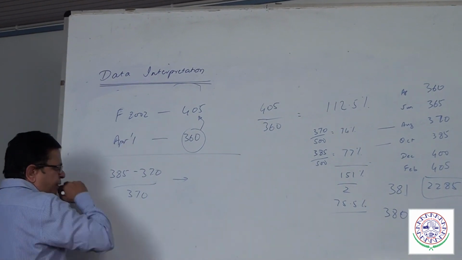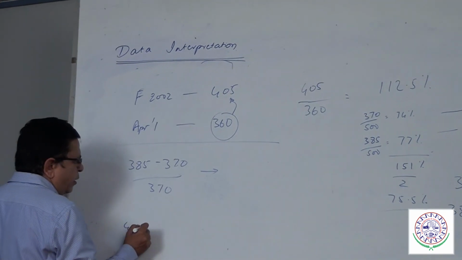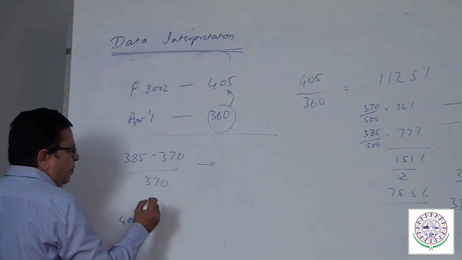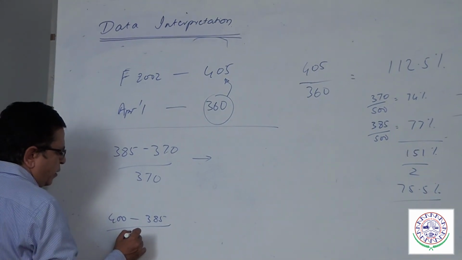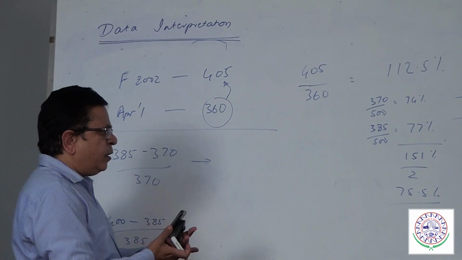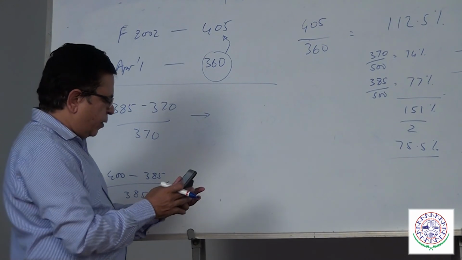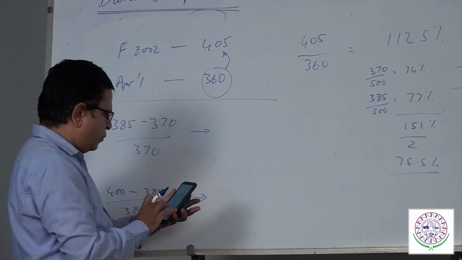The other percentage increase is 400 minus 385 by 385. Instead of doing all the calculations, only 2 would be sufficient to get to the answer.